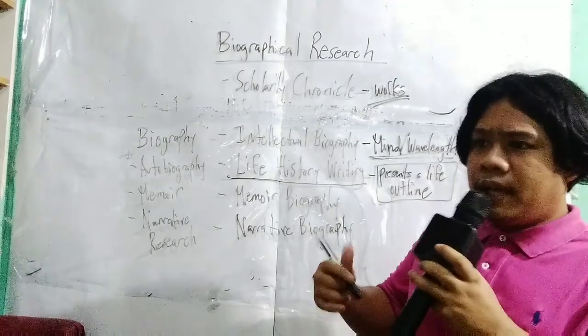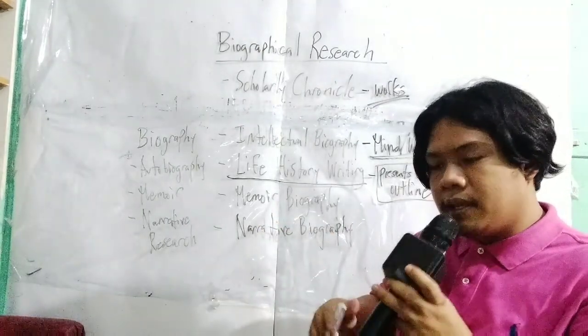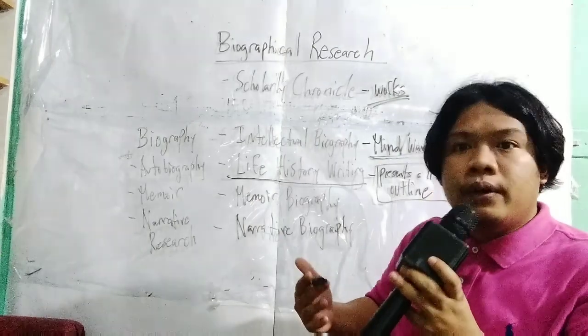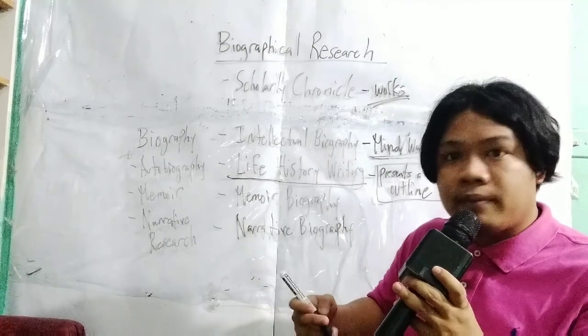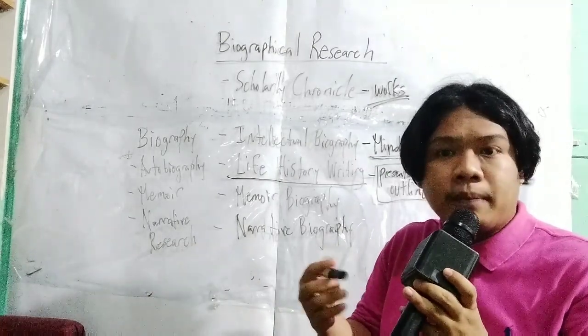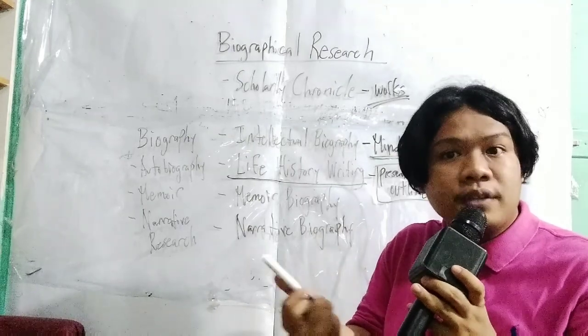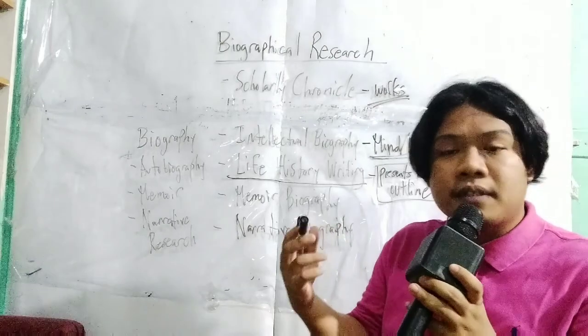So, with that being said, the life history of Charles Dickens may actually be stemmed through his experiences from his family, through his experiences from various adventures, through his experiences from various people, and others like that.